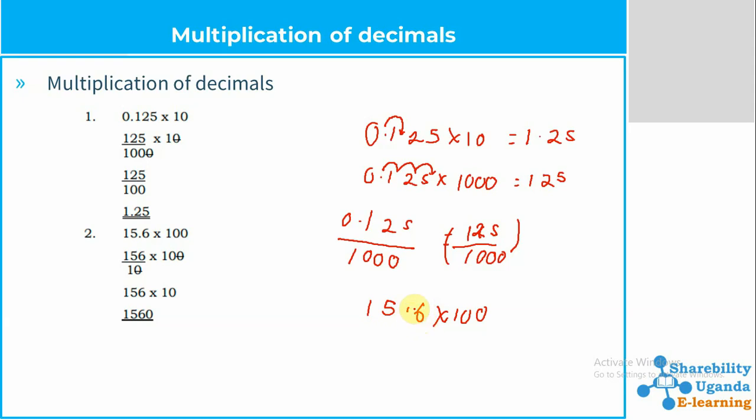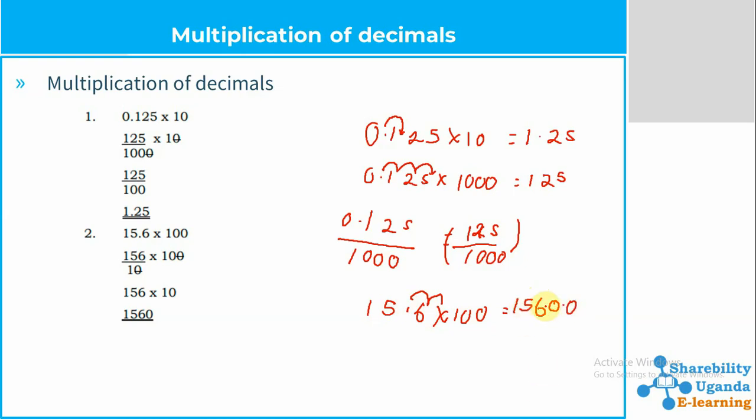We said the zeros make the point move two places. So we move the first place, then another place, and that means we now have 156. The first move goes here, then the other, so our point is going to be there.